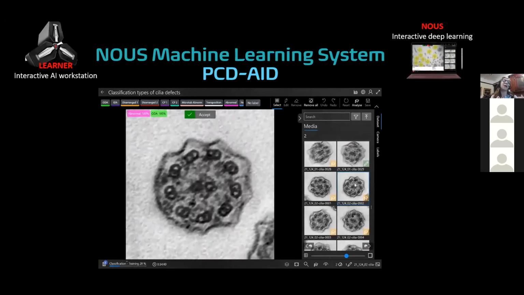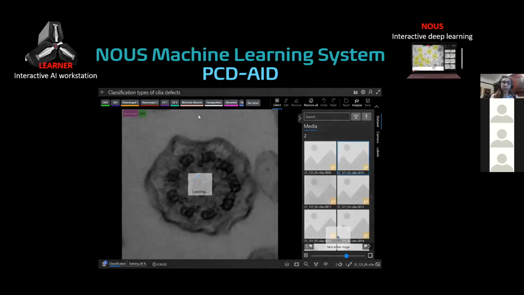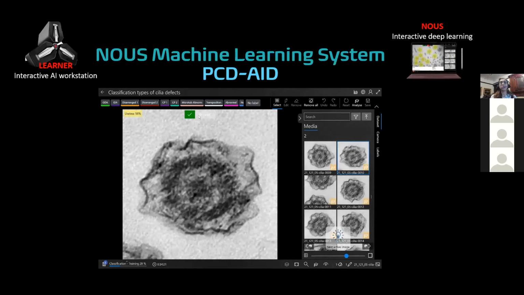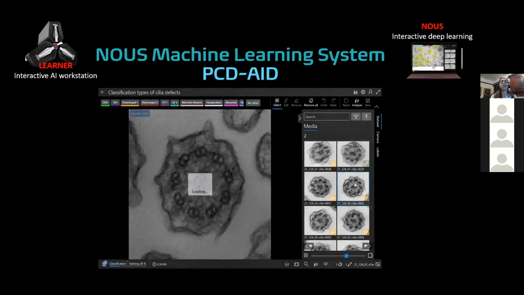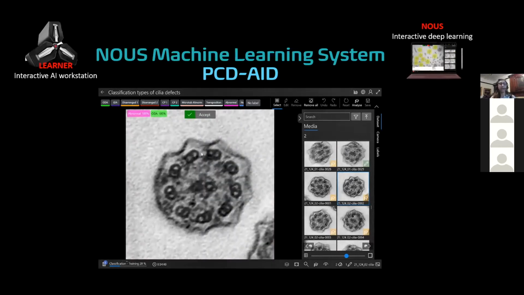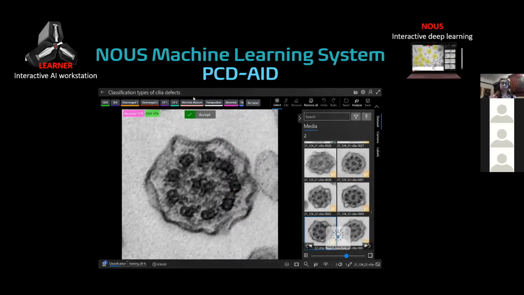But when we come to defects like disorganization of the microtubules, or central pair defects, or even, for instance, extra tubules, that is where the machine struggles a little bit, because the variety inside the defect is so big that sometimes the machine struggles to find a pattern that can correlate.